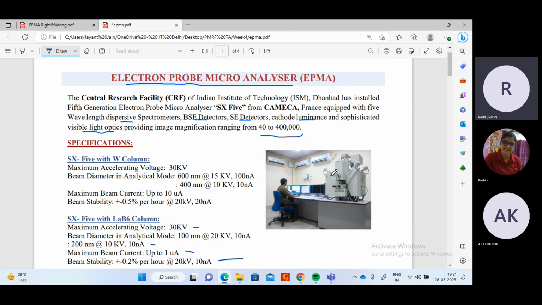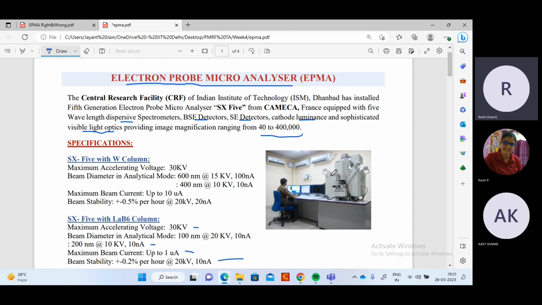You'll be able to analyze it, even microalloying or, for instance, thin film testing that has some ppm level sample. In that case, you can do EPMA and find out how much of each alloying element is present, even at ppm level. EPMA will identify that. That is the main advantage. Even in microalloying or any other impurities, all these can be identified.